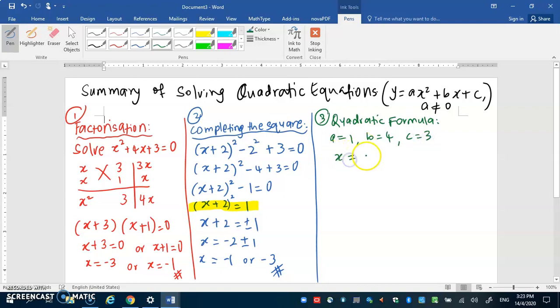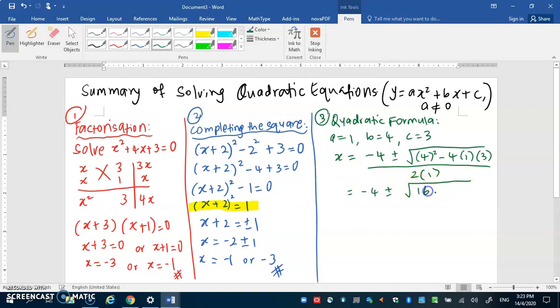So when I sub in, I will get negative 4 plus minus square root of 4 square minus 4 times 1 times 3 over 2 times 1, which is negative 4 plus minus 16 minus 12 over 2. This will just be square root of 4. So negative 4 plus minus square root of 4 is 2 over 2. Negative 4 plus 2 divided by 2 is negative 2 divided by 2, which is negative 1.